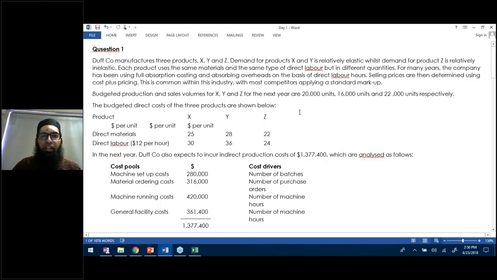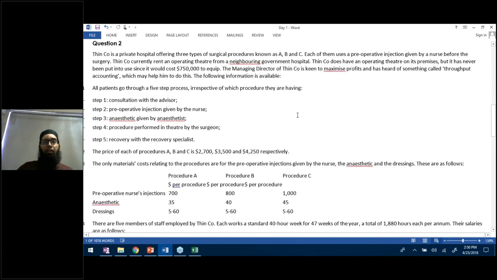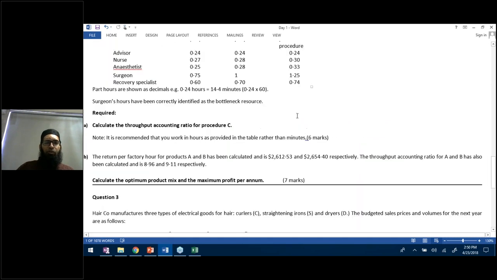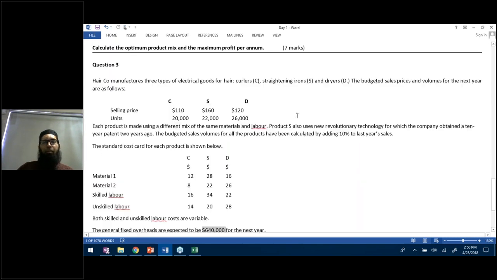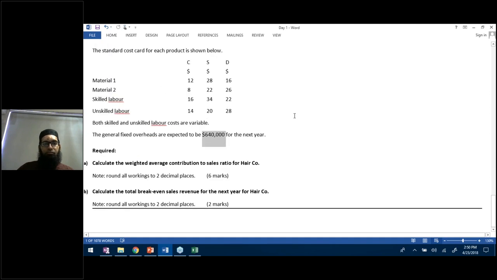One question is on the activity-based costing, the other question was on the throughput accounting, and the third question was from the CVP topic. Our special focus was on how we are going to perform the questions in the session CBE of F5, of course, which should be in June 2018.